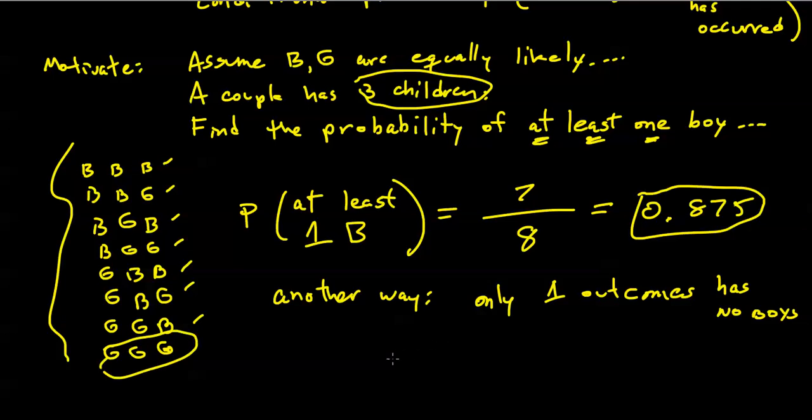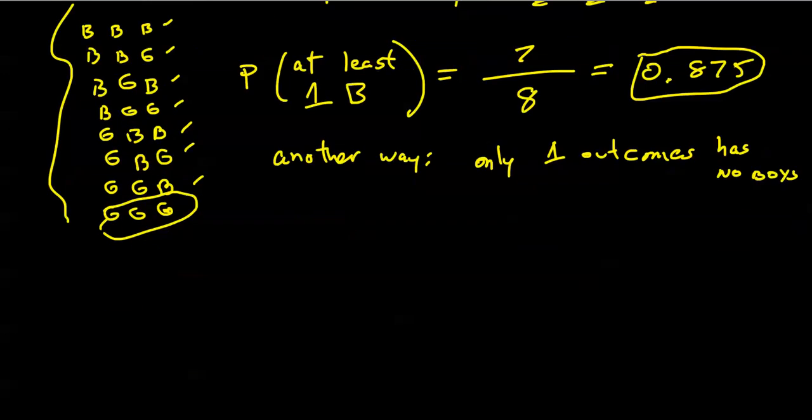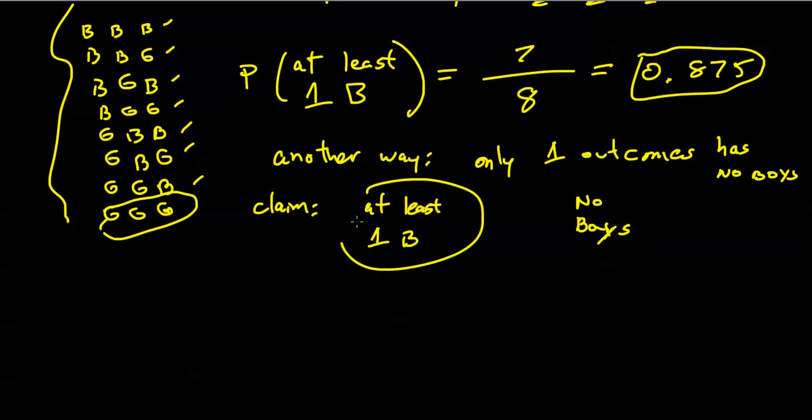I'm going to write my probability this way. I'm going to claim these events are complementary: at least one boy and no boys. Please convince yourself that these 2 events are complementary events.